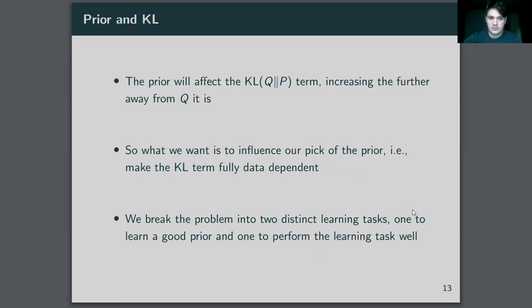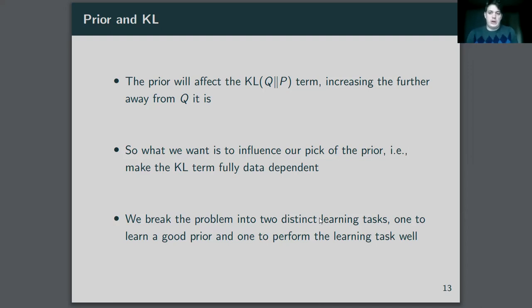So again, the prior will affect this complexity term, or KL term in this case, increasing it the further away the prior will be from our posterior. So we would like to influence the pick of the prior to be closer. Quite a simple idea, but it's quite effective, as we will see.